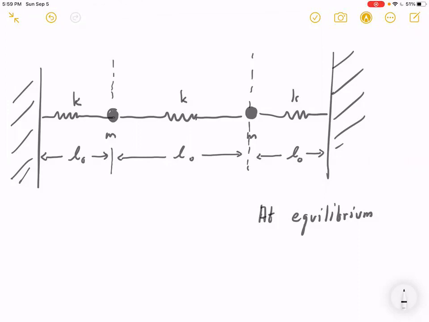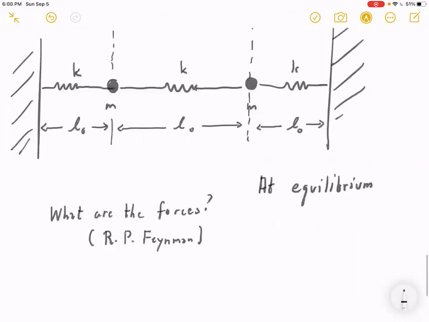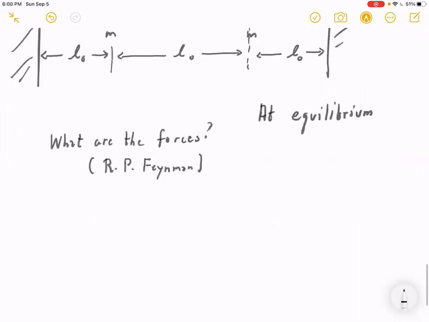And so again, according to Feynman, you have to ask the question, what are the forces? Richard Feynman, celebrated physicist, always said that when you tackle problems like this, you have to pay attention to the forces. So I'm going to extract from this a free body diagram.